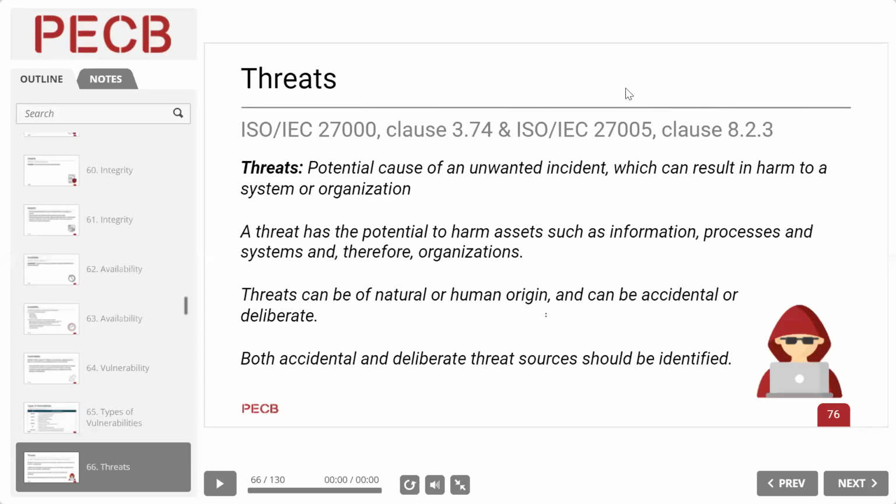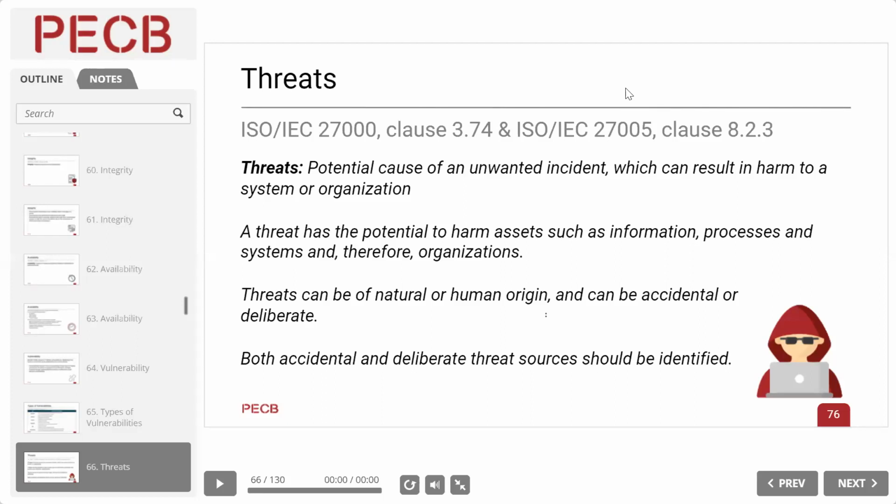A threat has the potential to harm assets such as information, processes, and systems, and therefore the organization as a whole. Threats can be natural or of human origin, and can be accidental or deliberate. Both accidental and deliberate threat sources should be identified.